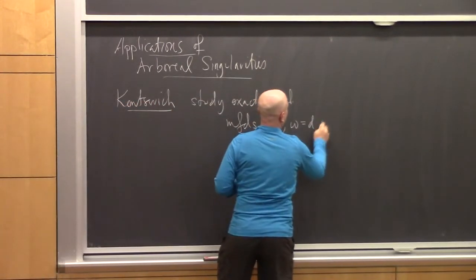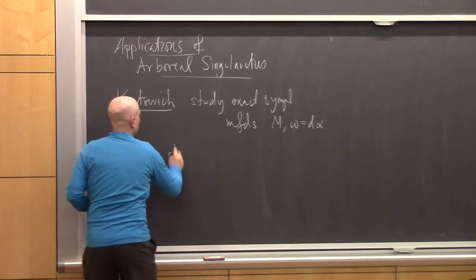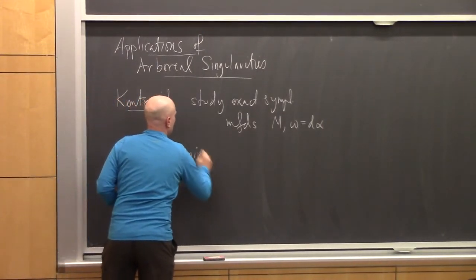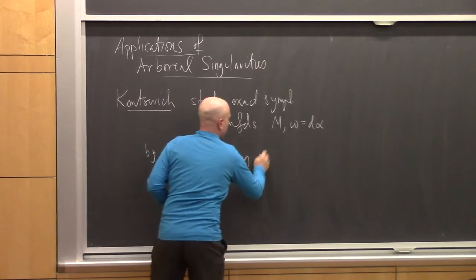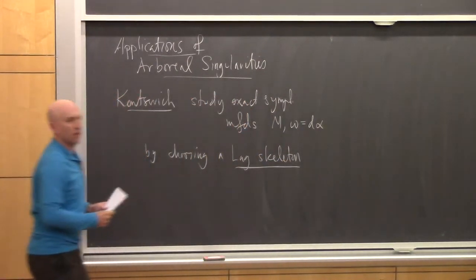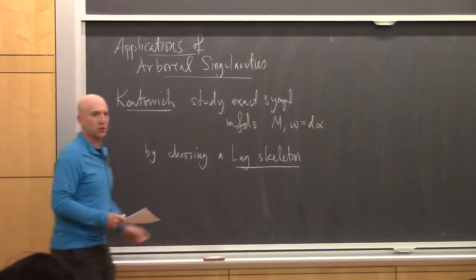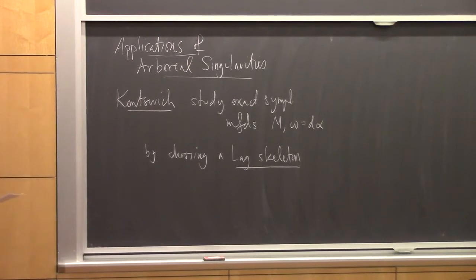Okay, so omega is the differential of some alpha, by choosing a Lagrangian skeleton. I'm going to do lots of examples of Lagrangian skeleta. I'm not going to try to formalize this into a precise definition, but I hope you'll recognize it when I say it.